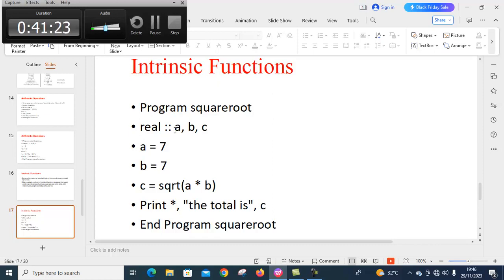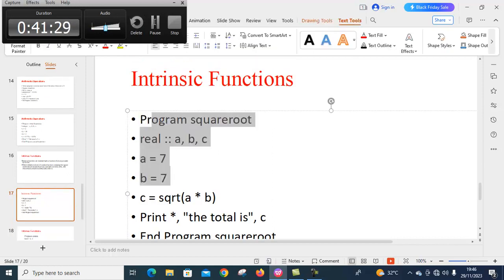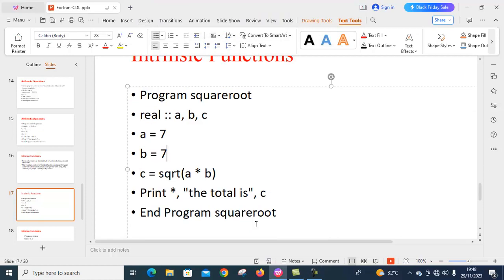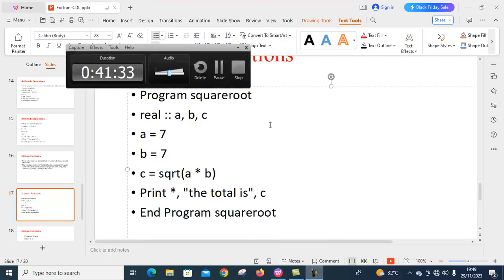The results will always be real. If you run this program now, the result will be real, which will be in decimal. Why?